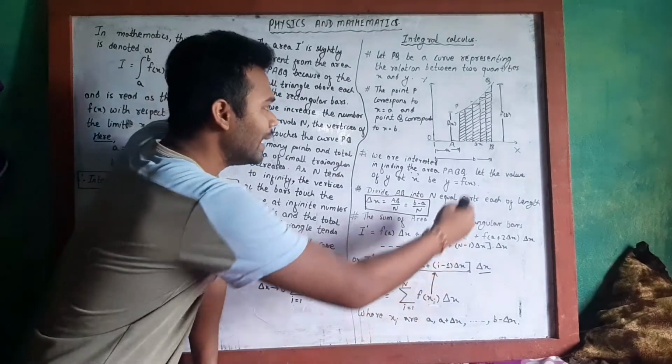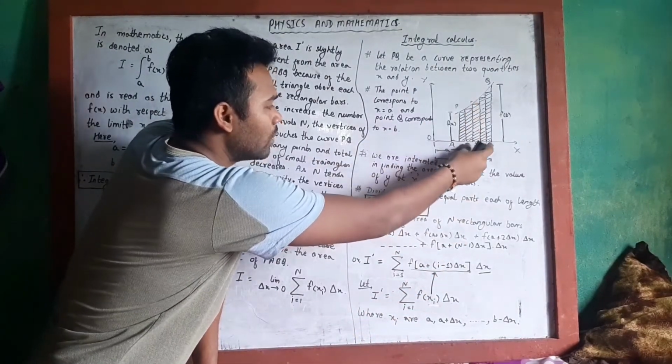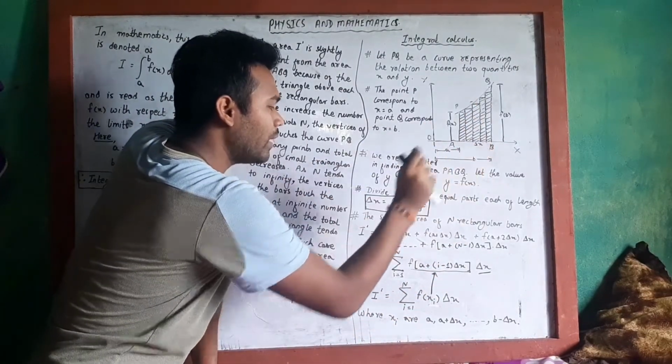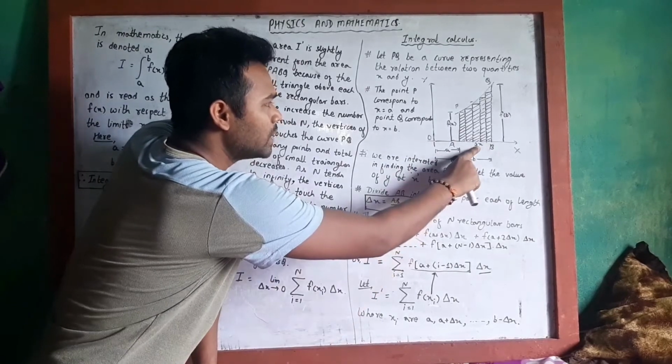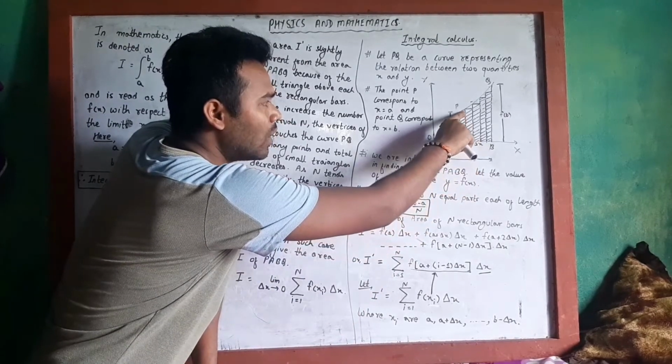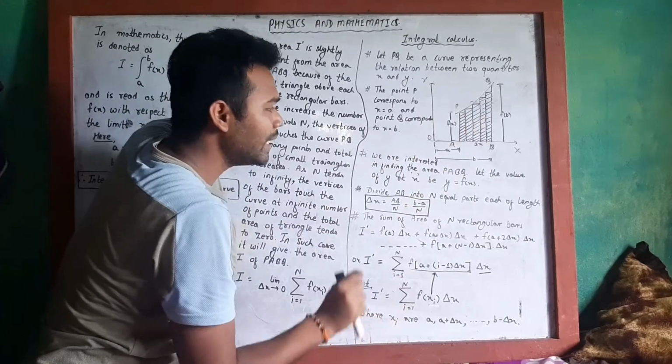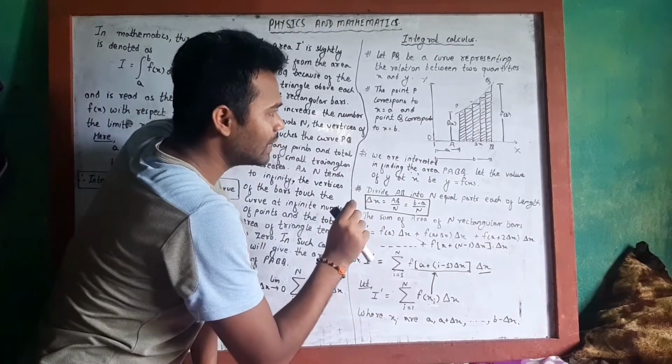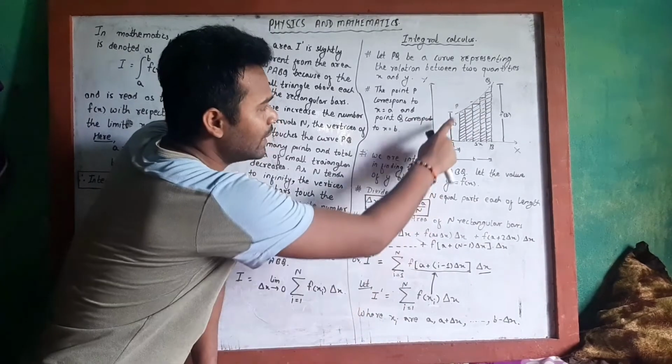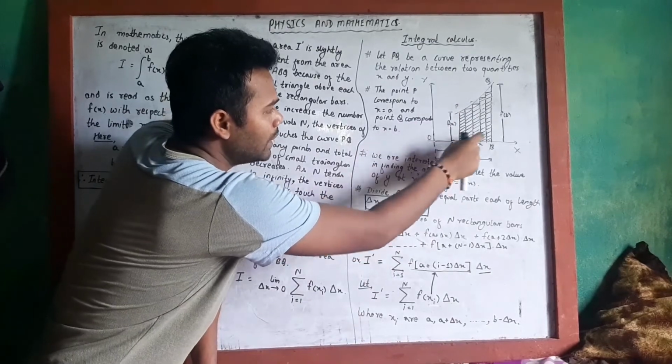If we divide this AB in infinite numbers, then del x will be 0. That's why the area of these small triangles will tend to 0, and in that case we will get the perfect area, or the actual area, of PABQ.